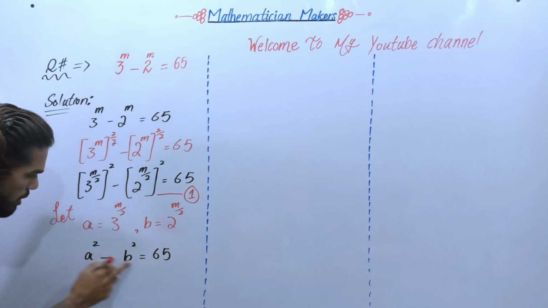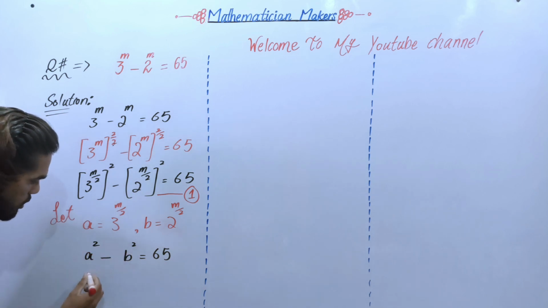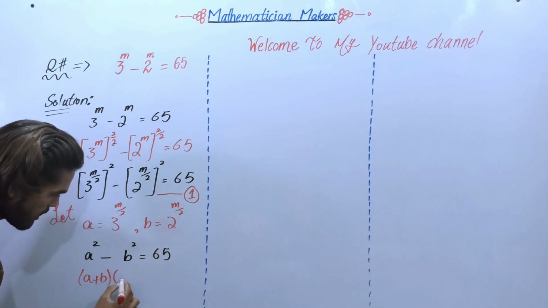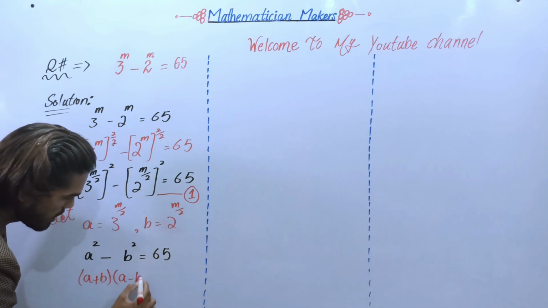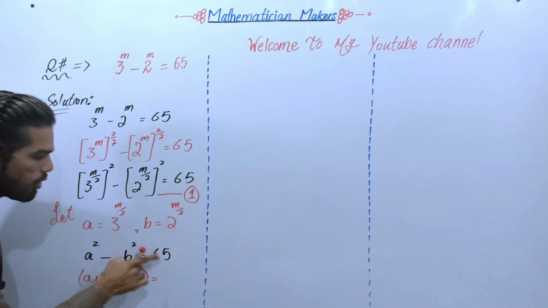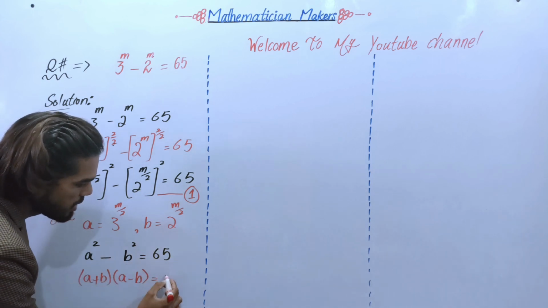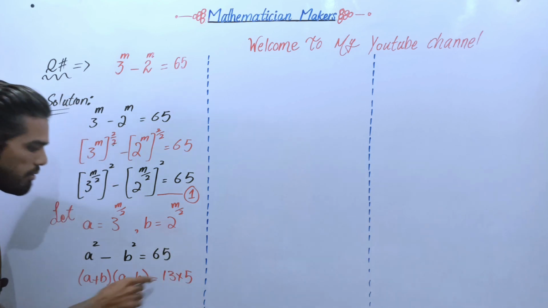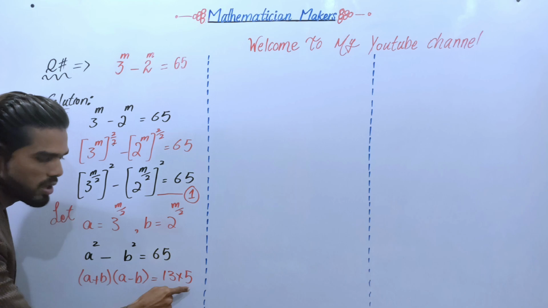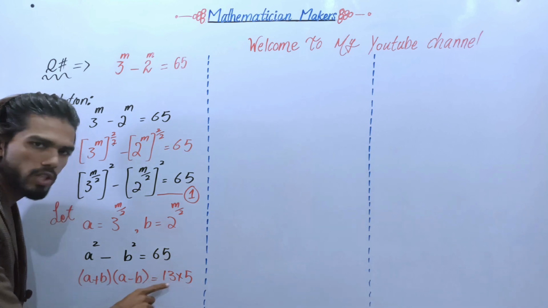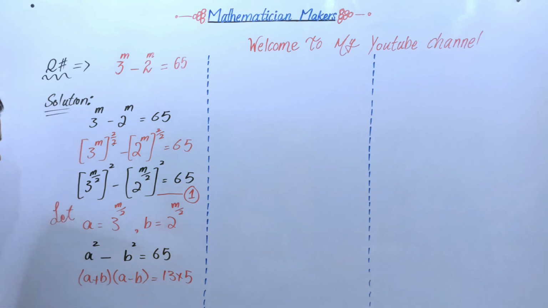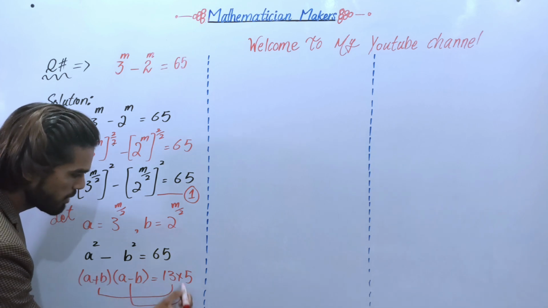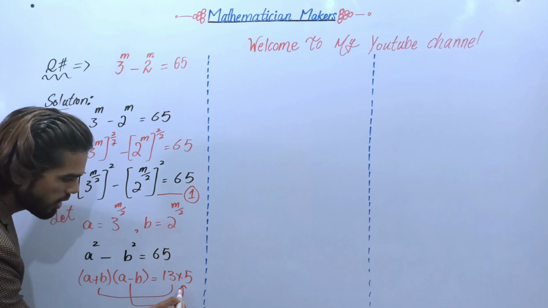We know the formula a squared minus b squared is equal to (a plus b) times (a minus b). The factors of 65 will be 13 cross 5, or we can write it as 5 cross 13. In both ways this question will be solved. Now this factor will be equal to this and this factor will be equal to the second.